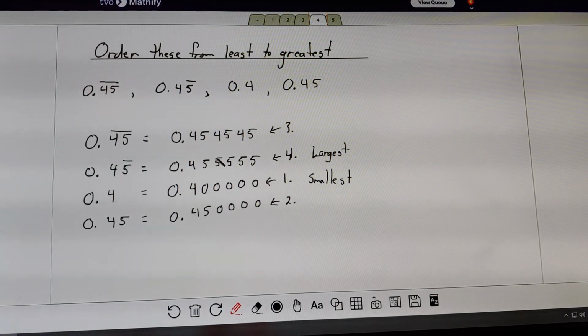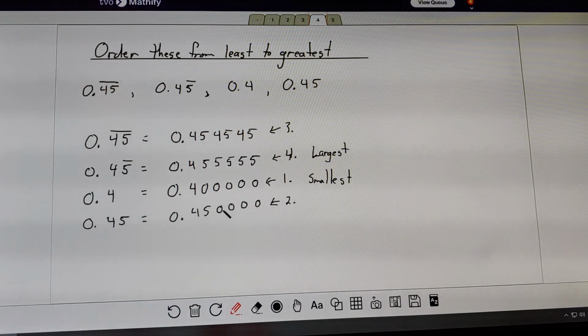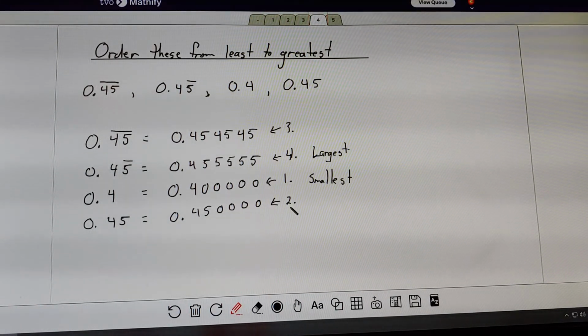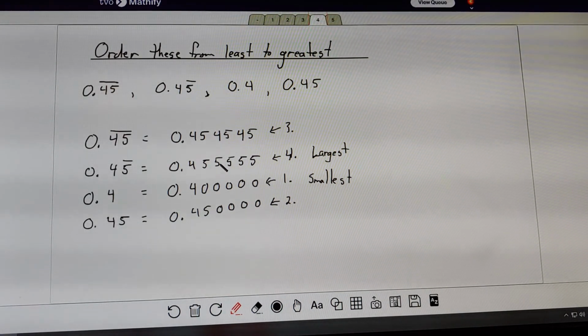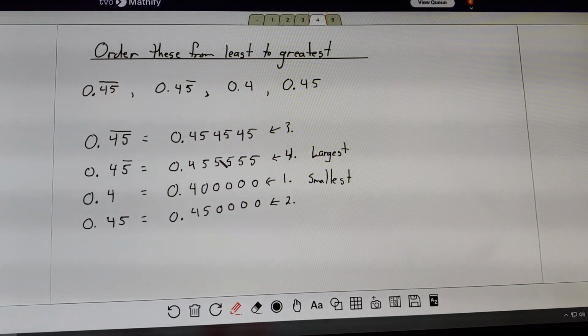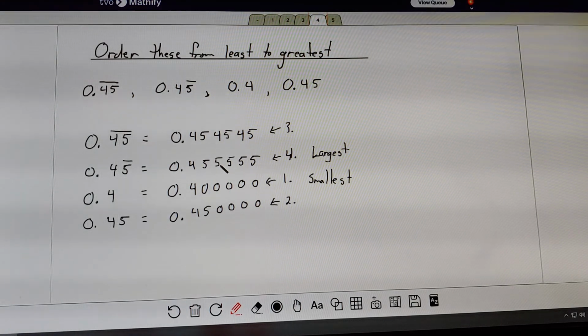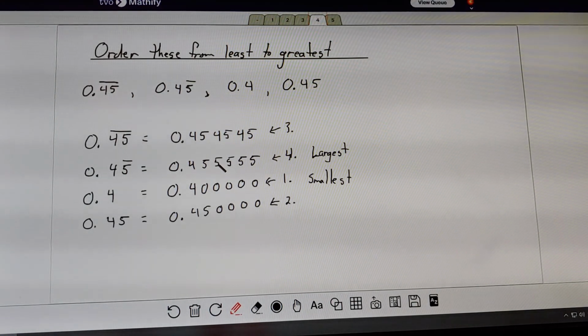I see a 4, a 5, and a 0. Okay, well, now I know that this is going to be my next smallest. That's number 2. Then up to these two, that one's a 4, that one's a 5. So I know this one's in the 3rd place, and then this one's the largest. Okay? So that's the end of the lesson.